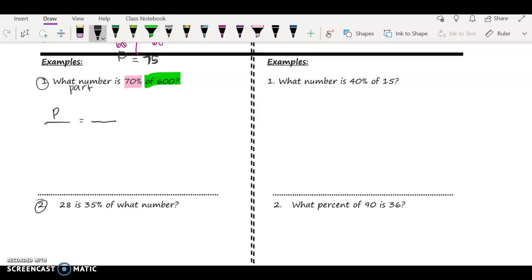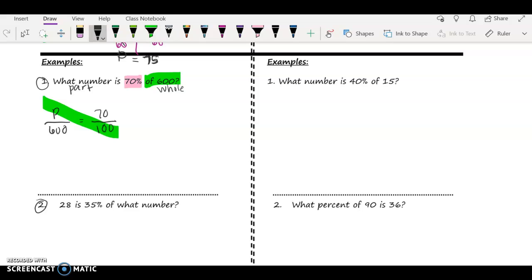Our part, we don't know. We know our whole amount, so our whole amount is 600. Our percent is 70, and that's out of 100, because remember, percent means out of 100. So now we're going to cross multiply.